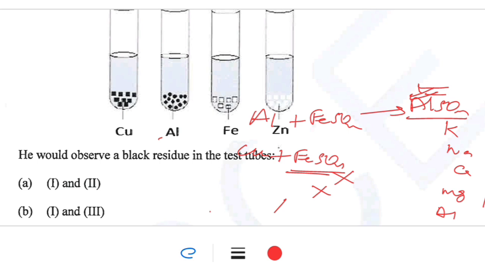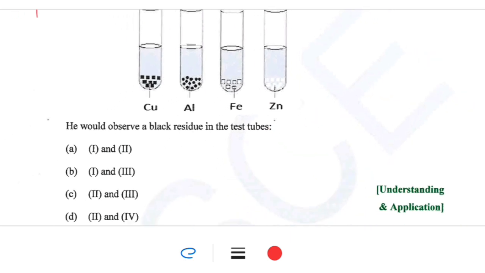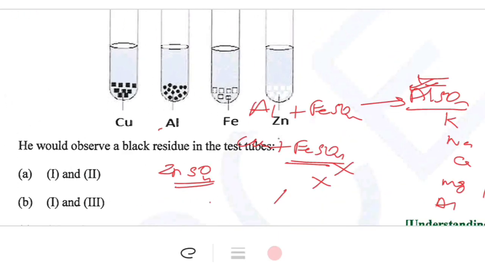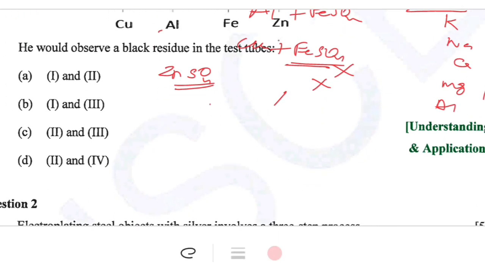And one more: iron won't react with iron sulfate, and zinc, when it reacts with ferrous sulfate, converts into zinc sulfate, which is again black in color and gives us a black residue. So test tubes 2 and 4 are going to be the answer. So option D is the correct answer.